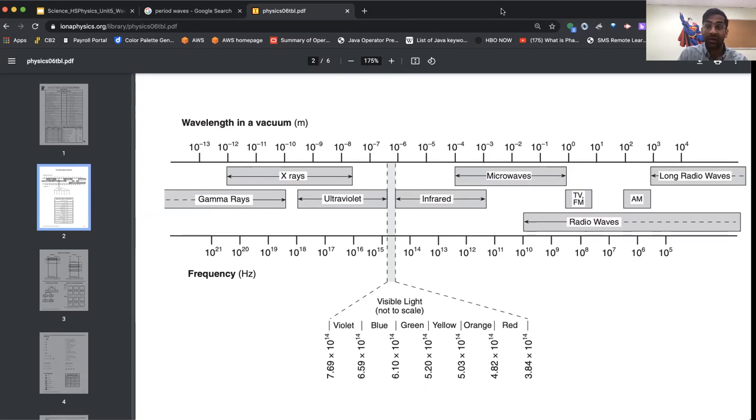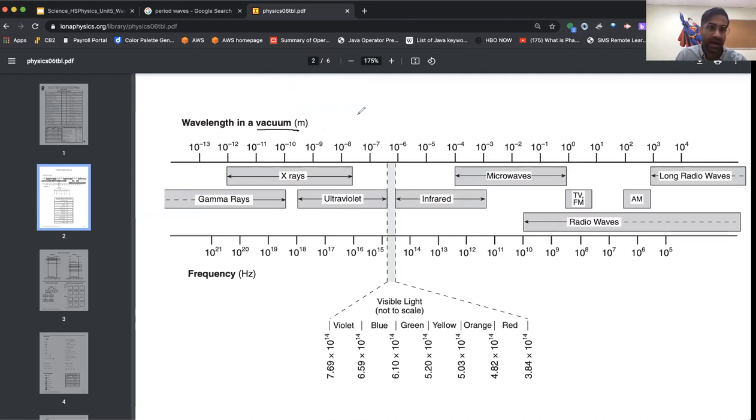Okay, if we look along the top, we have our wavelength in meters, and that is in a vacuum specifically, meaning that's in a space where air particles have been removed entirely, okay? And so we're talking about, in an ideal condition, how large the wavelength of these various types of waves are, okay?